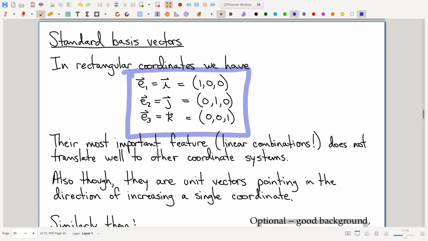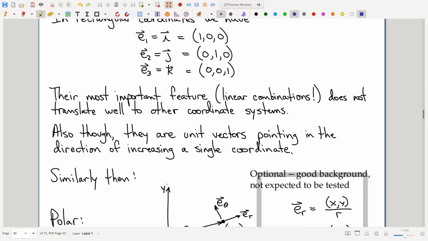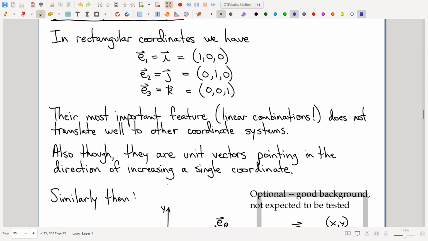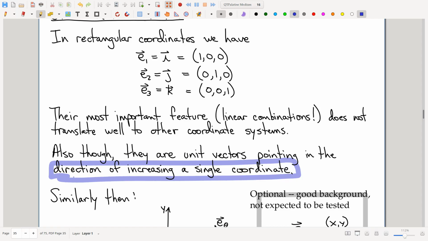Okay, so anyway, notational options there. They're nice in various ways. They are intrinsically rectangular, though. They point in the direction that a single coordinate is increasing. So this vector here, how would I describe that vector geometrically?